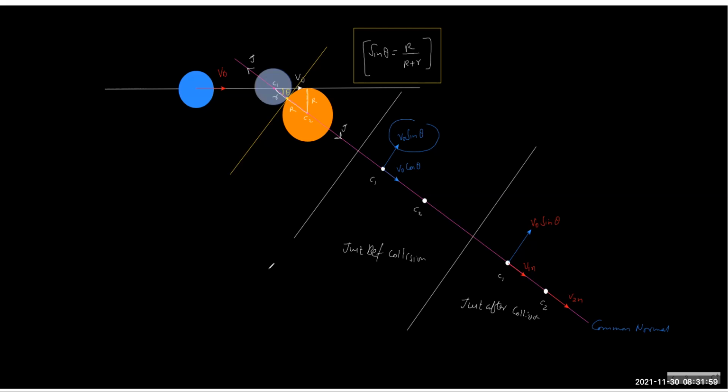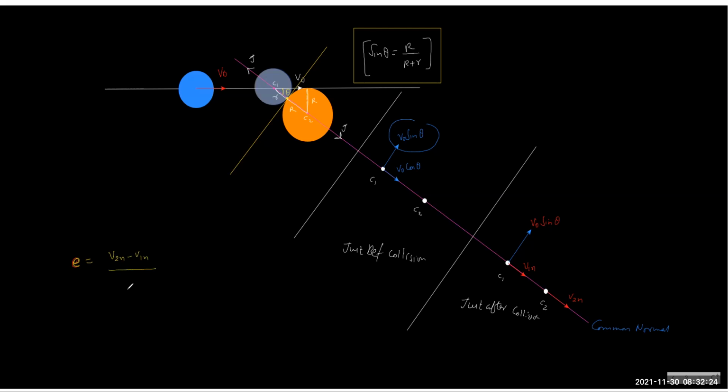So in case of oblique collision, whenever it comes to the writing of the definition of e, you must write along the common normal because that is only meaningful. And therefore, you can clearly see the velocity of separation here will be V2n minus V1n because they should go away from each other.